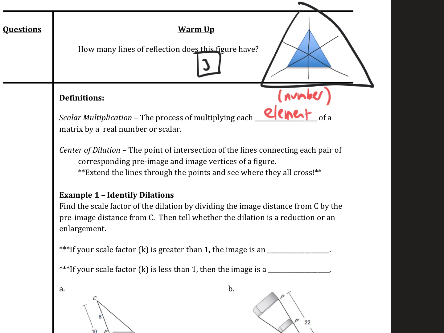The center of dilation is basically the point of intersection of the lines that you connect. So you're taking an external point and the distance between that point and a point on the line, and that's how you make it bigger or smaller. You'll see what I mean a little bit later, okay?